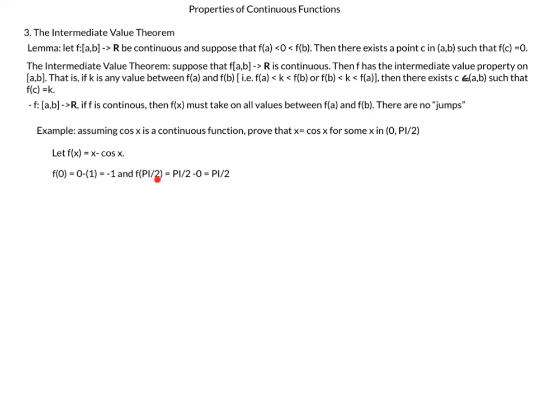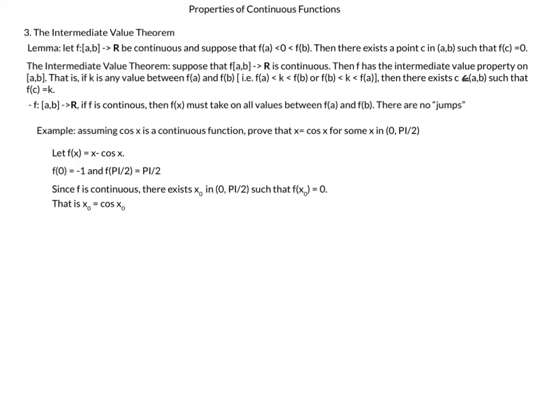This is my value f of b, which is greater than 0. Since f is continuous, by this lemma there's going to exist an x naught inside my interval 0 to pi over 2 such that f of x naught is equal to 0. That is, x naught will be equal to cosine of x naught, and I have proven what I wanted to show.